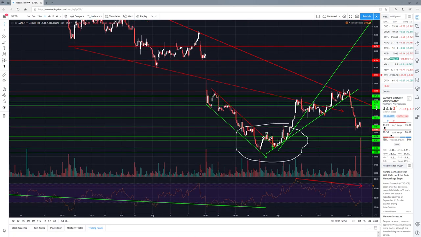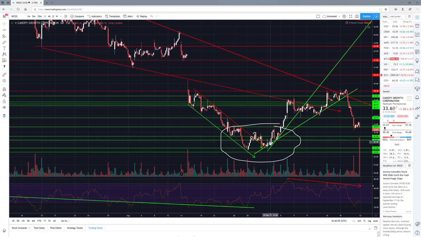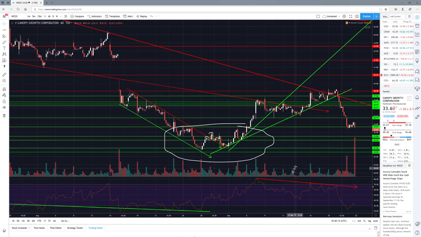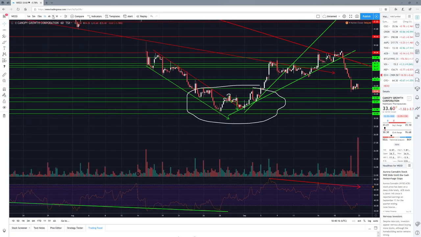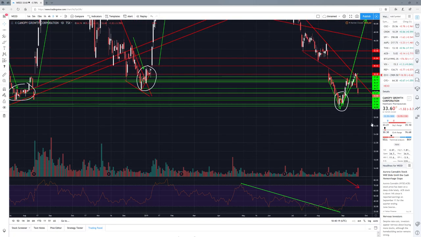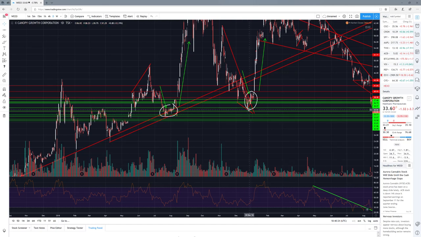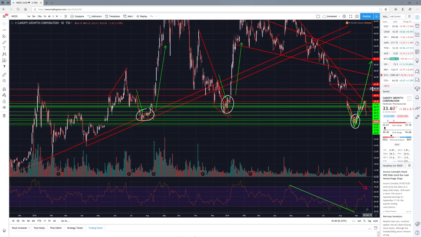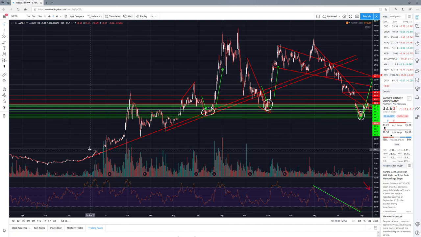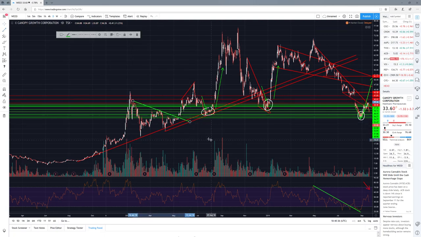I was watching this whole move up. Sorry, I was in this whole move up. I'll show you my exact entry. But basically, the night before this morning happened, I was looking at these levels. What I see is this is a bull flag, honestly, that it was consolidating in and caused this huge move, caused the new highs.